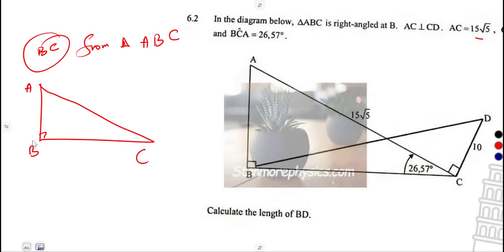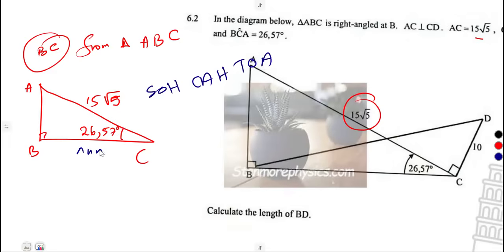That's ABC, right angled at B, with angle C inside of this triangle, 26.57 degrees. And the length of AC is 15 square root of 5. So you can determine the length of BC here. In a right angle triangle, back to your trigonometrical ratios, that SOHCAHTOA concept can be used.